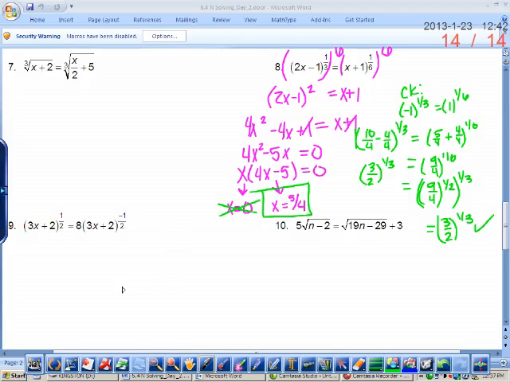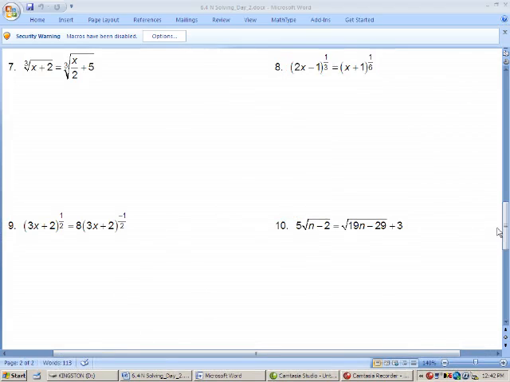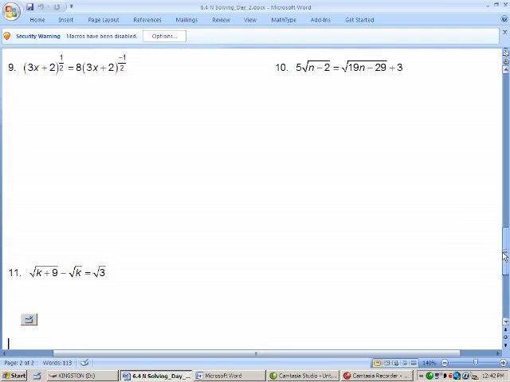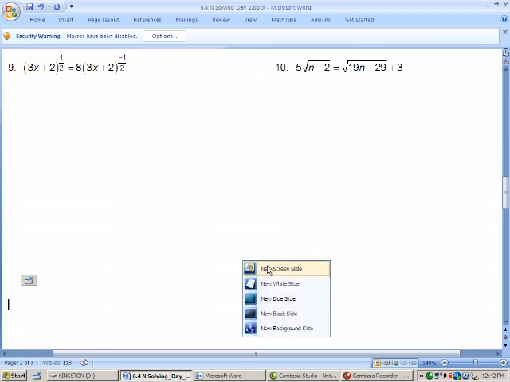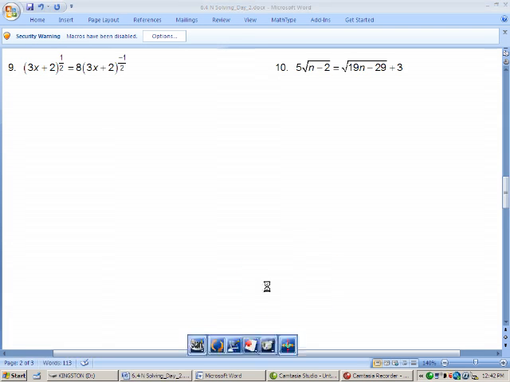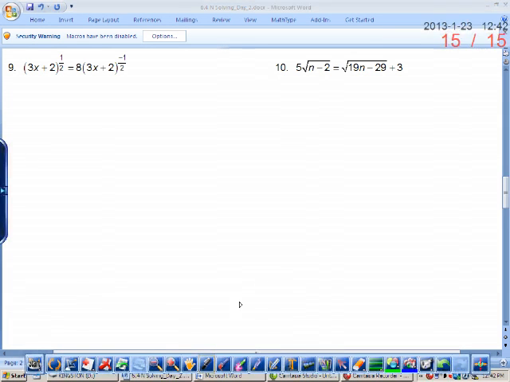All right, let's look at number 9. We've got 3x plus 2 to the 1/2 power equals 8 times 3x plus 2 to the negative 1/2 power.